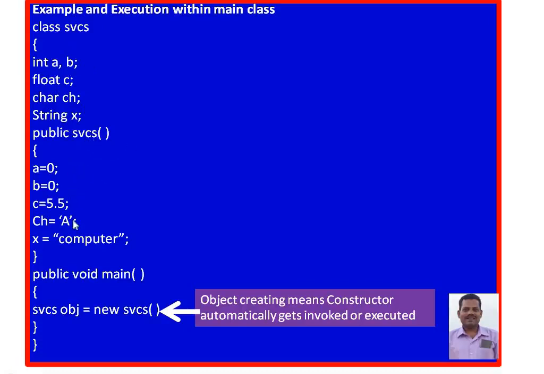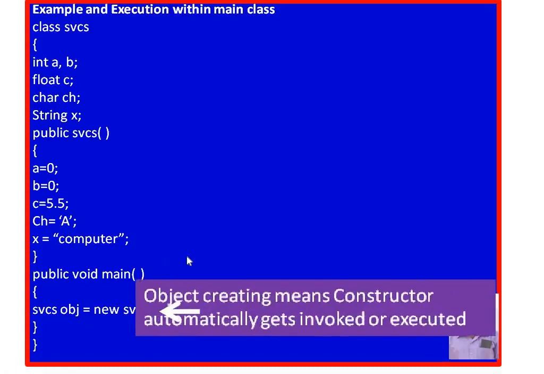Now here all the data members, that means instance variables, are initialized. Now the execution process within the main function, public void main. An SBCS object is being created, meaning the constructor is automatically executed. Look here, SBCS obj equal to new SBCS.